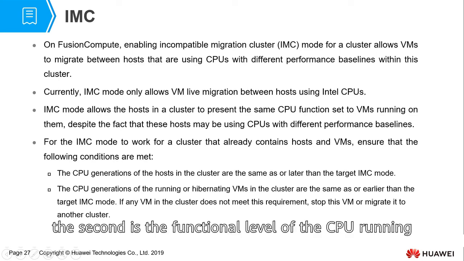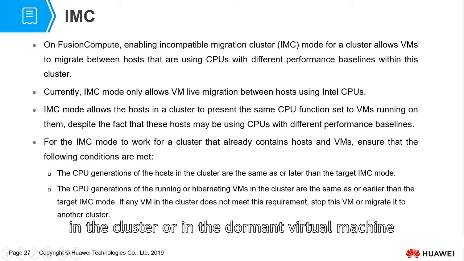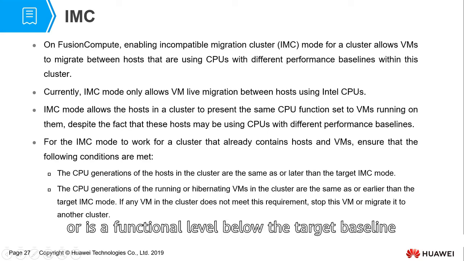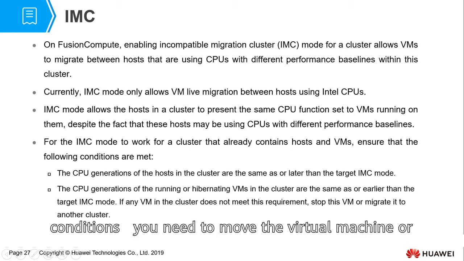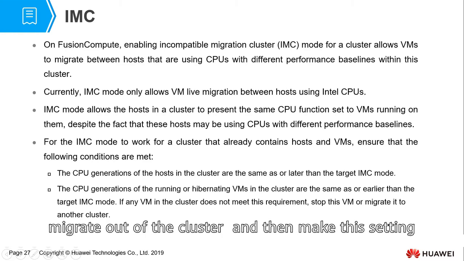The second is that the functional level of the CPU of running or dormant virtual machines in the cluster must be equal to or lower than the target baseline. If a virtual machine does not meet the conditions, you need to move the virtual machine or migrate it out of the cluster and then make these settings.